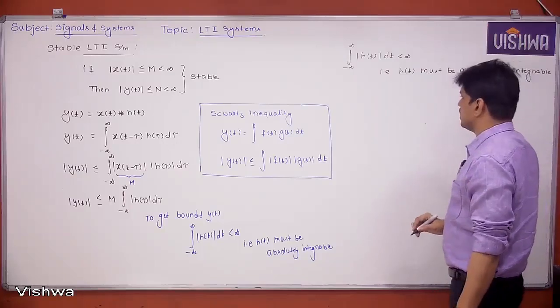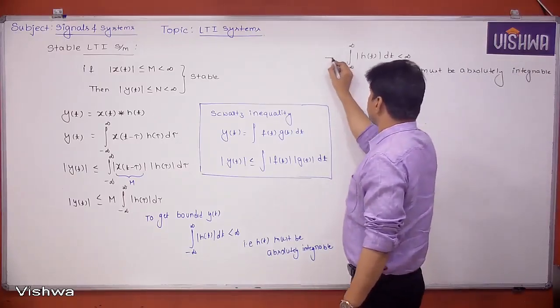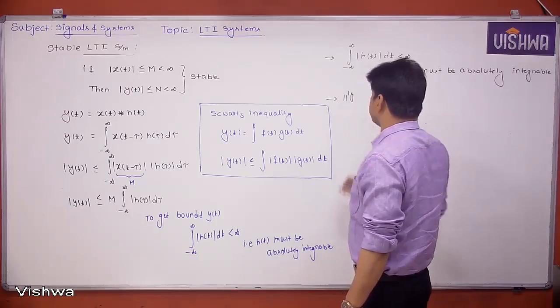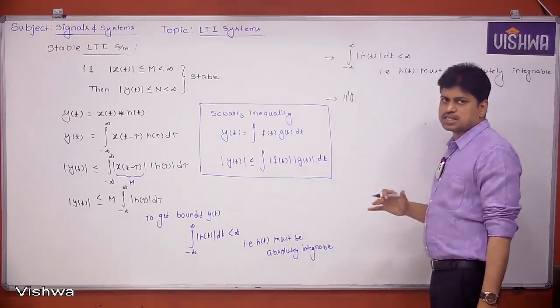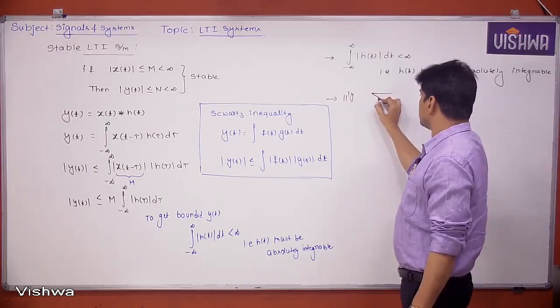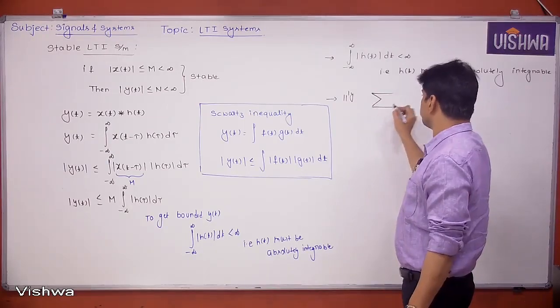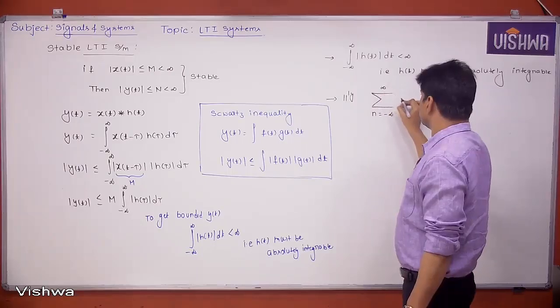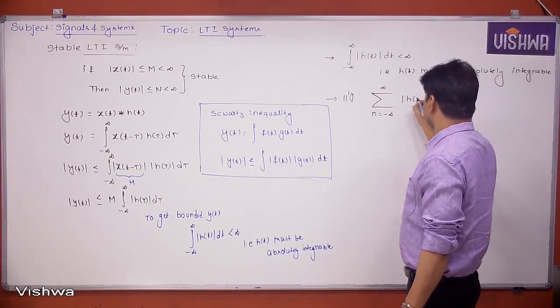That's what it is. Next, in the similar manner for the discrete time case, how can we say the system is stable? For integration, we can go for the analogy, that is summation n equal to minus infinity to infinity mod h of n.